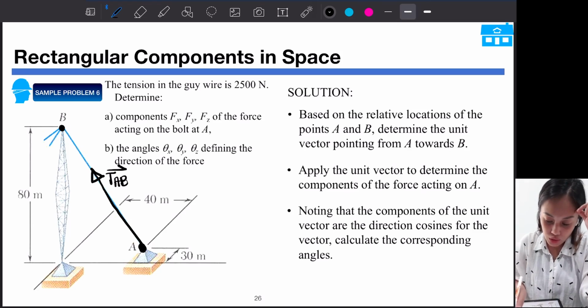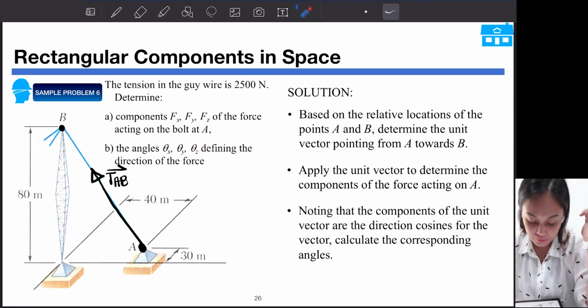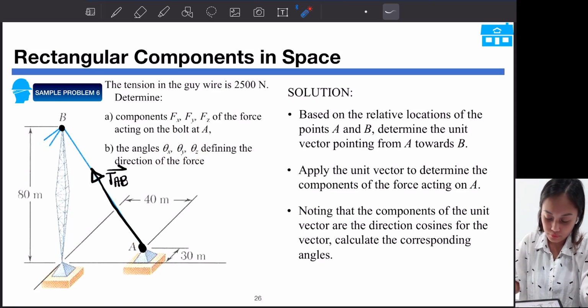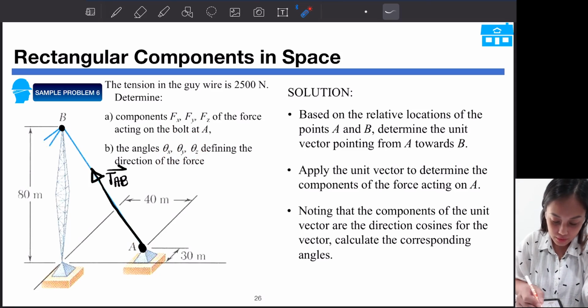Then, what are its angles or direction of the force, theta x, theta y, and theta z. Okay, so let's copy it.